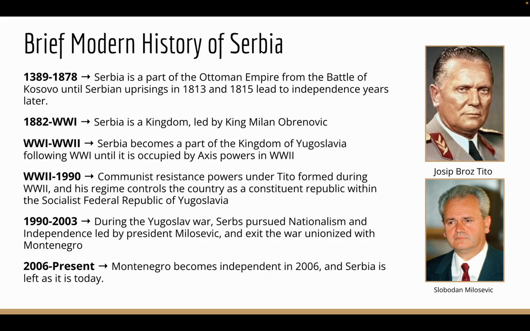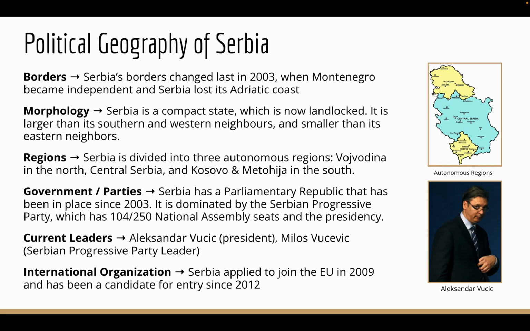This lasted until 1990 during the Yugoslav War, when Serbs pursued nationalism and ultimately their independence under President Milosevic. They exited the Yugoslav War in 2003, unionized with Montenegro. From 2003 to 2006, they were unionized with Montenegro, but in 2006, they granted Montenegro independence, and they were left as what we know of Serbia today.